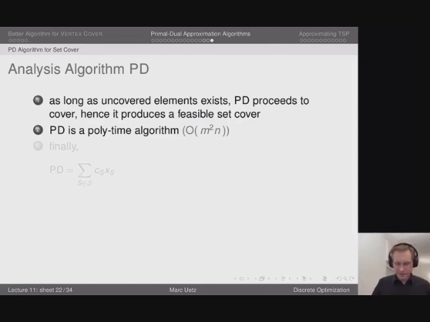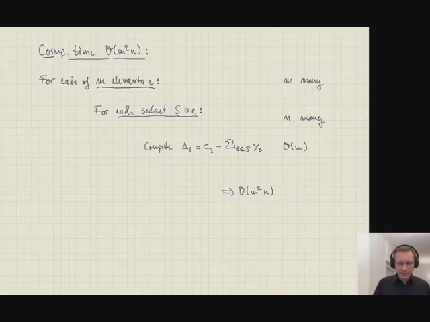How can I see that this is an upper bound on the computation time? Well, I'm covering each of the elements e, and there are m such elements, right? So the algorithm at most has to explicitly consider each of the elements. So that's m many at most.